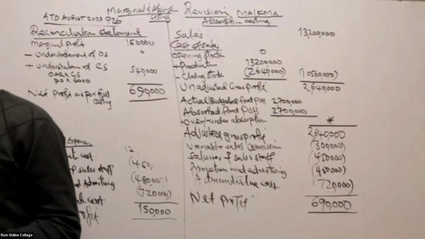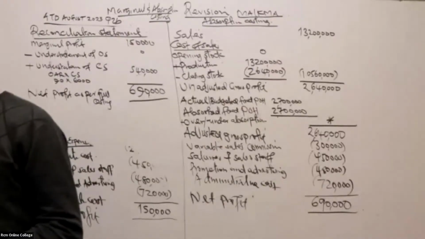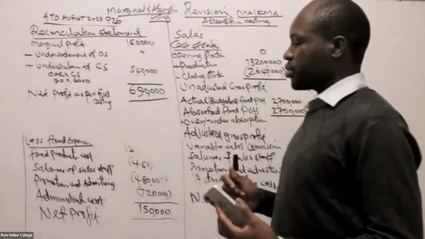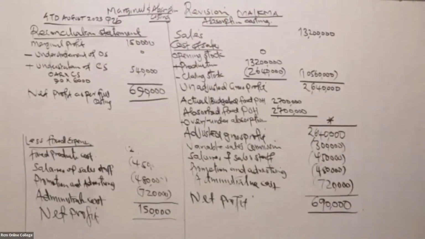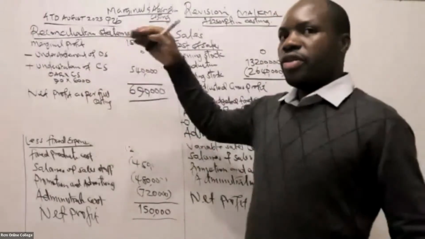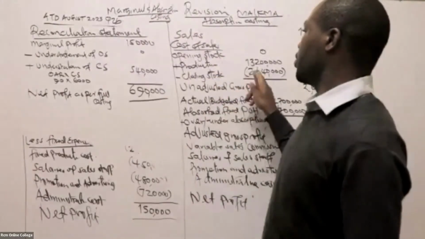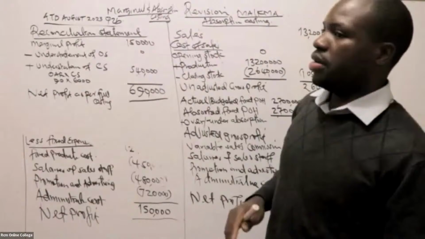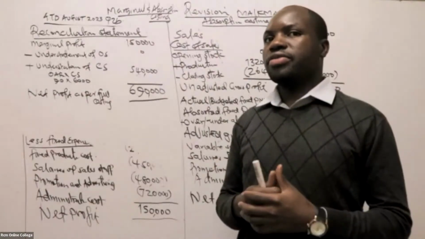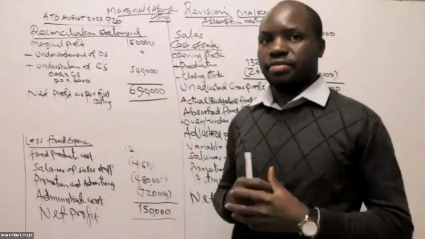But you can say closing stock at absorption less closing stock at marginal, get 540. We are talking about understatement of closing stock. The closing stock in absorption costing is equal to 2640, the closing stock in marginal is equal to 21, and the difference between the two represents the understatement.